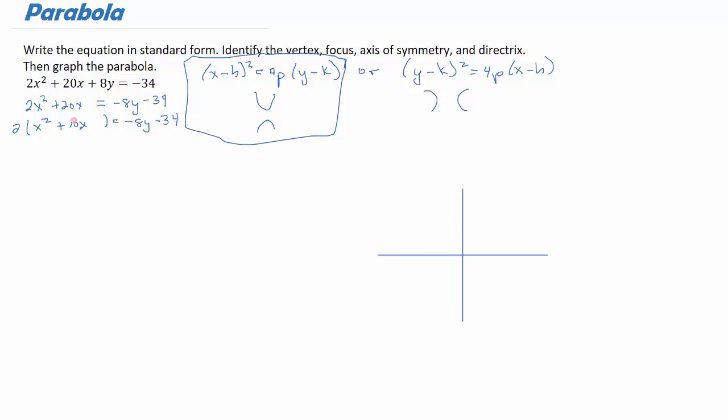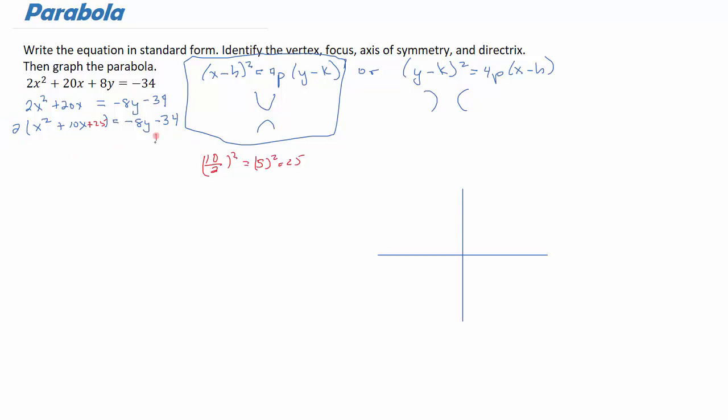Now, we need to complete our square here. How we're going to do that is we're going to take half of our linear coefficient and square it, or 5 squared, which is 25. So in order to complete the square here, we need to add 25. But whatever we do on one side, we have to do on the other side. Now be careful. You might think to add 25 here, but what we're really doing is adding 2 times 25.